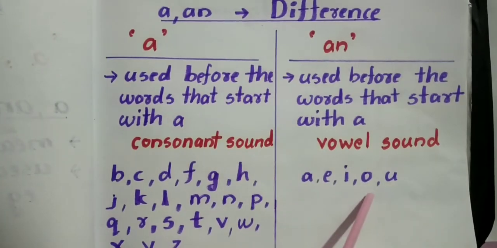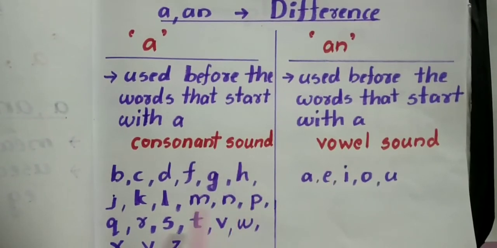Vowel letters make vowel sounds, consonant letters make consonant sounds. But not always. There are exceptions. At times, consonant letters make vowel sounds and vowel letters make consonant sounds. Those are exceptions, but usually vowel letters make vowel sounds and consonant letters make consonant sounds.